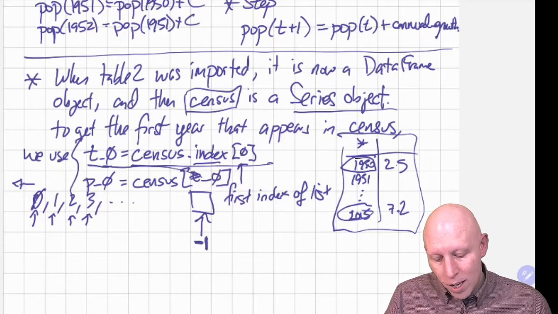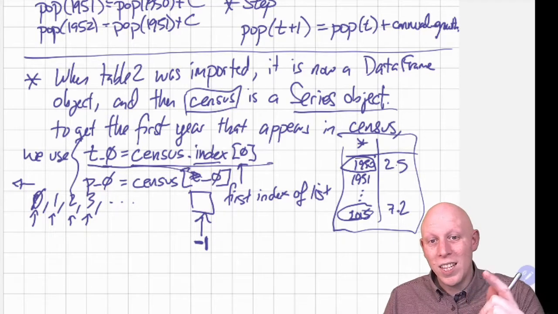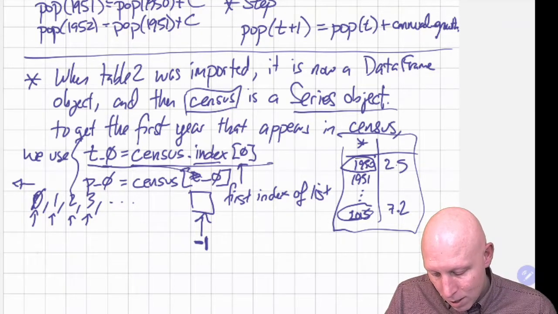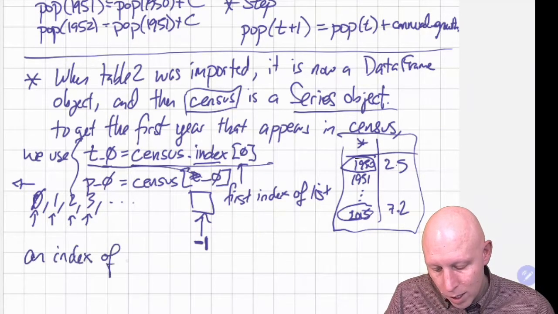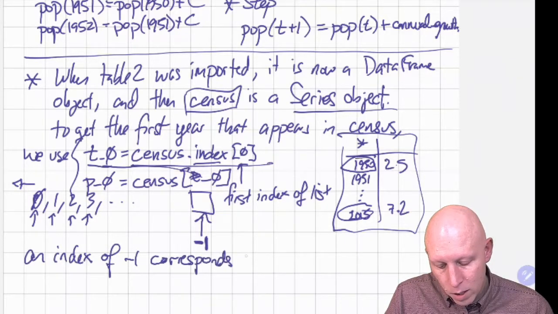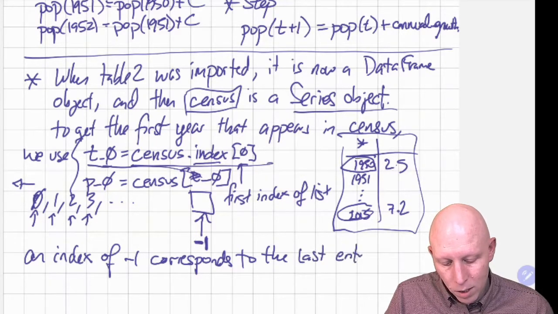We're going to call it entry -1 to correspond to the first entry at the end of the list. So an index of -1 corresponds to the last entry of the list.